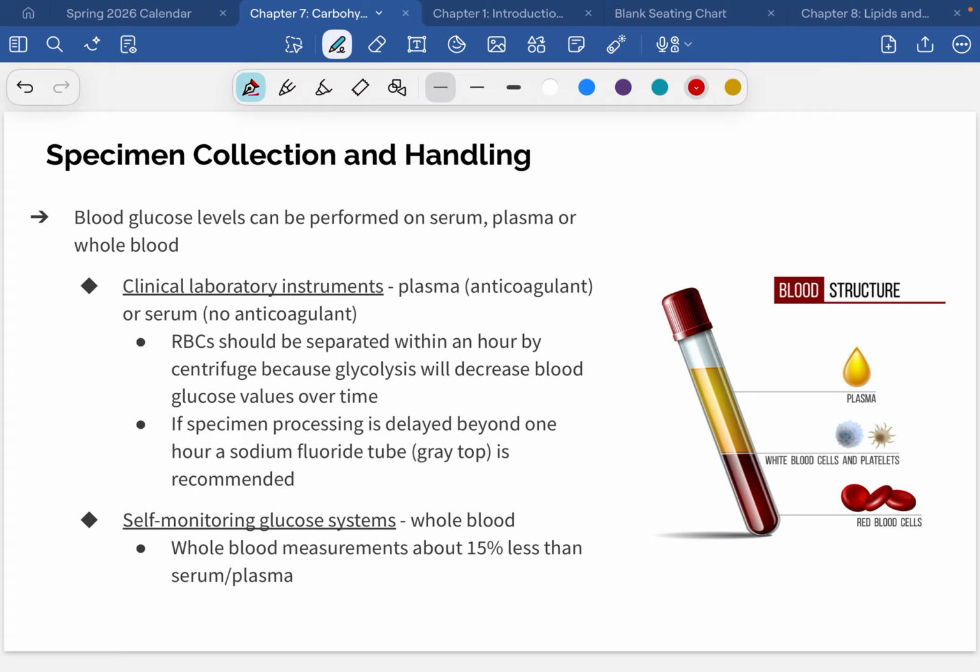But blood glucose levels can be performed on serum, plasma, or whole blood. So if you've never taken a class where they've talked about human blood before, human blood can be broken up into 3 different parts, I guess, 2 or 3, depending on how seriously you're taking that separation.